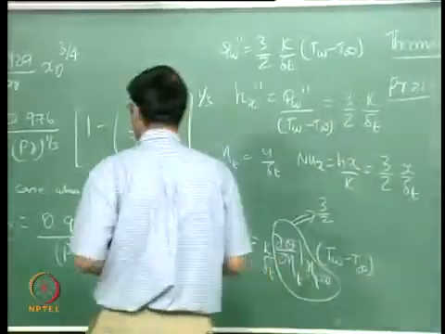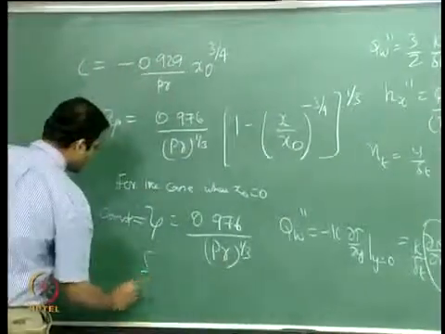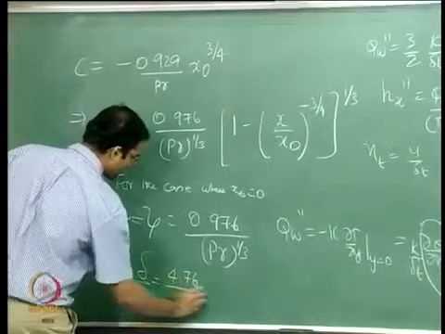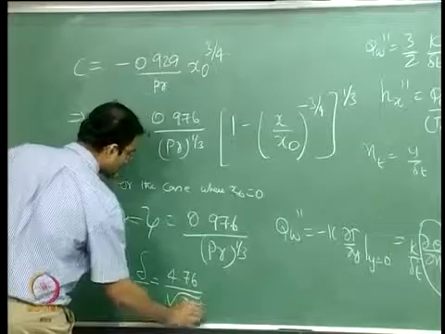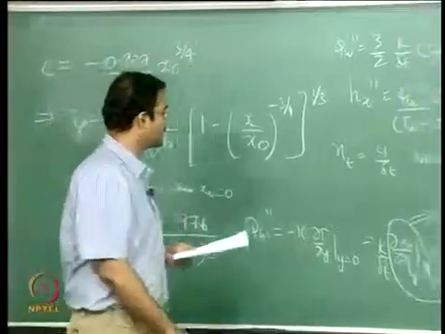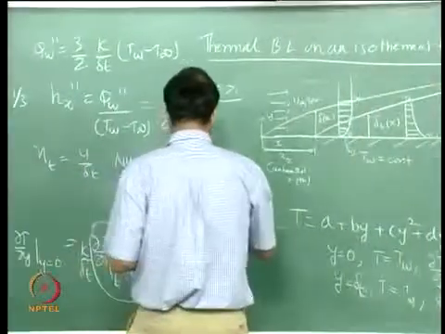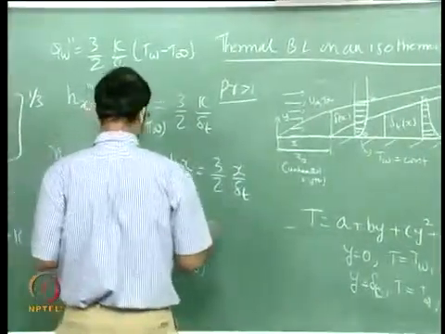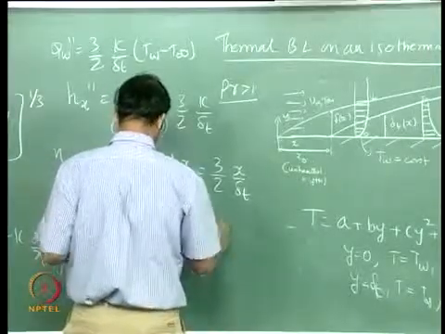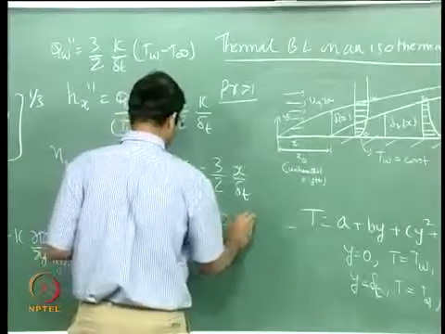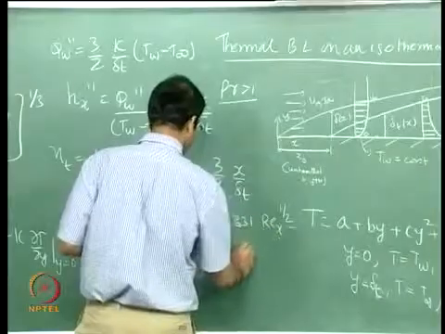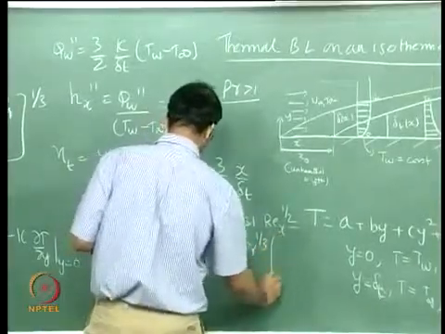Finally you can substitute the expression for delta t and delta. Already you know that delta by x is equal to 4.76 by square root of Reynolds number, and this is nothing but delta t by delta. So finally, if you substitute, this should come out as 0.331 into Rex to the power half, Prandtl number to the power 1 by 3.